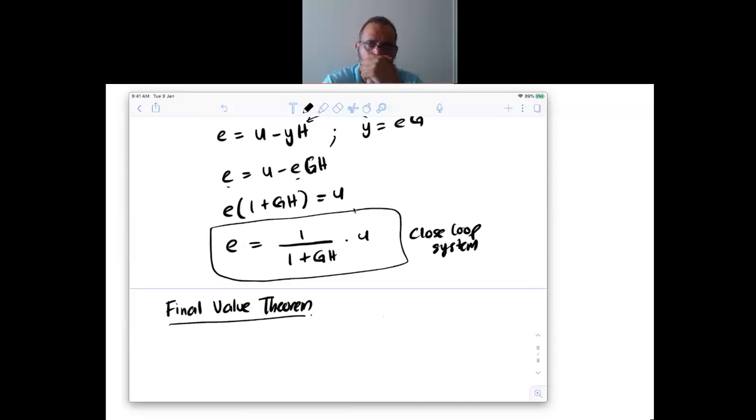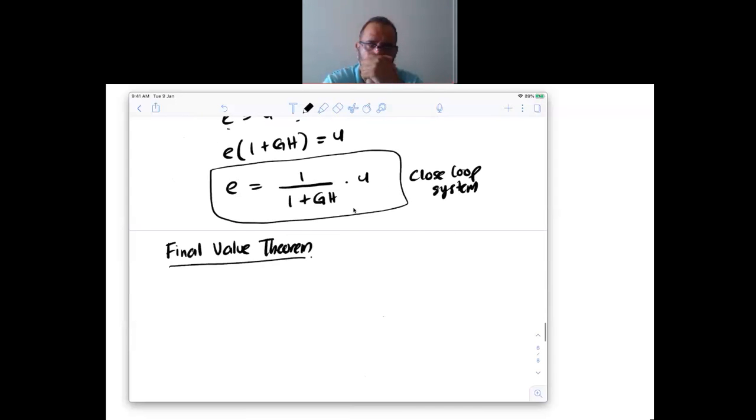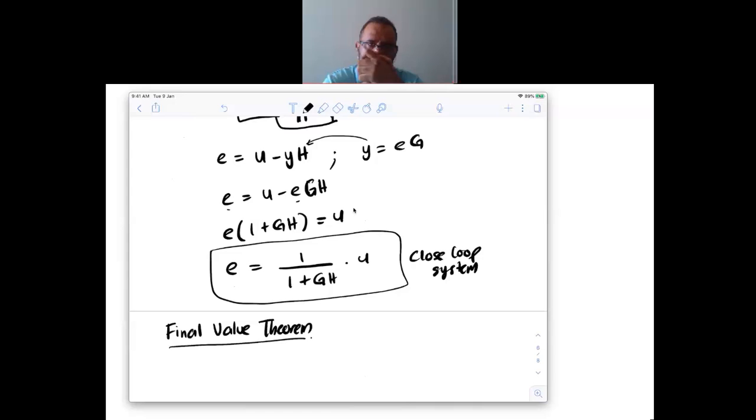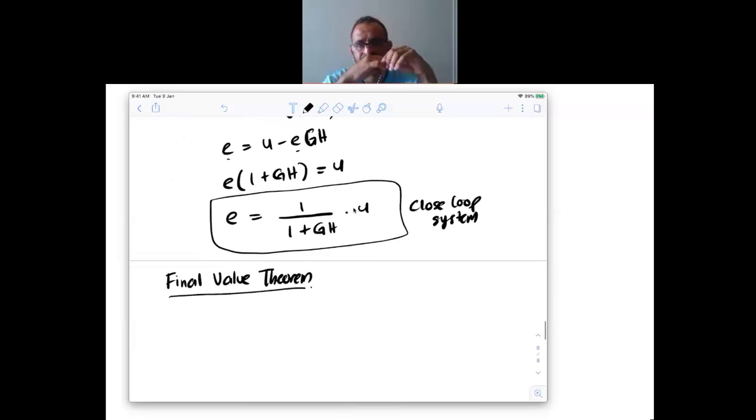Okay, so the final value theorem says that, of course, this is just the error equation. When you want to find steady state error, you must find the value of the signal when time approaches infinity, or when s approaches 0, or when z approaches 1. Okay, so this is what you had in the previous class, I explained it.